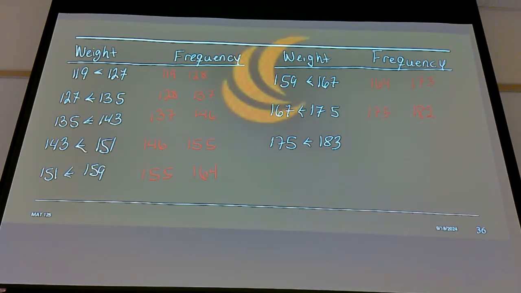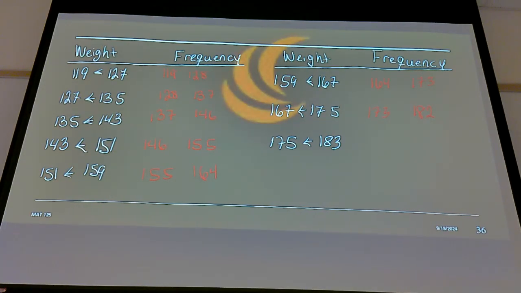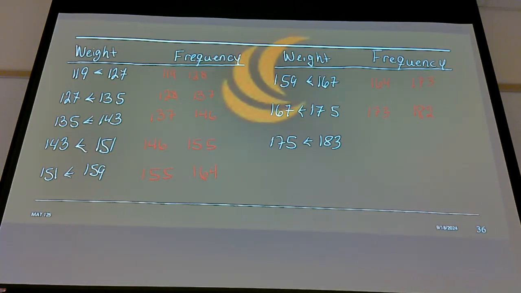With the max being 176, that does cover all the values we want. So the class width would be 9. So that corrects that.